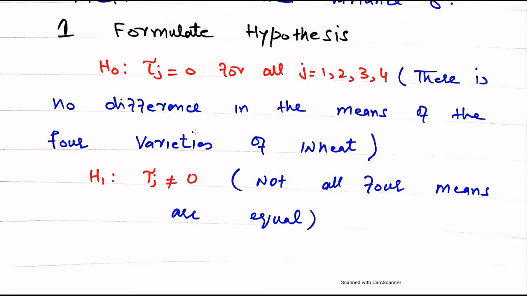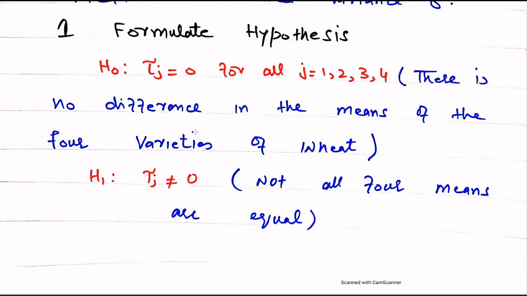First step is to formulate the hypothesis. H0, which is our null hypothesis, Tj is equal to 0, j is equal to 1, 2, so on to 4, because we have 4 treatments V1, V2, V3 and V4. In other words, there is no difference in the means of the 4 varieties of wheat.